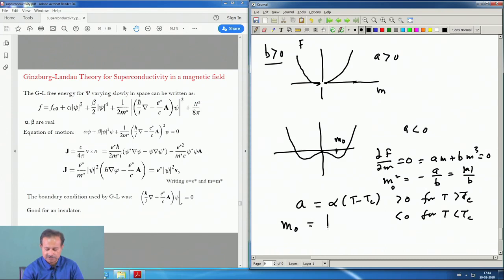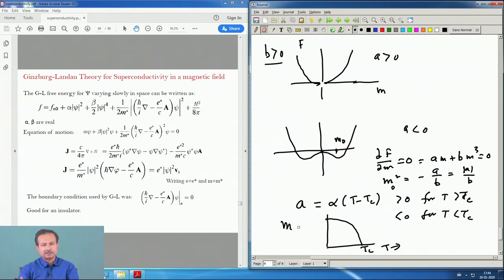So m versus t will have a solution of this kind. At t equal to Tc, it will go to 0. Okay. That is what Landau and Ginzburg did, and that is what we are going to follow.